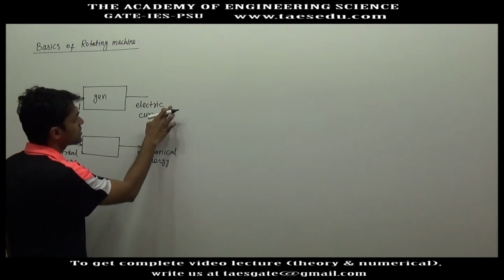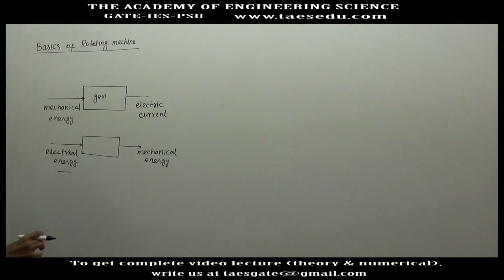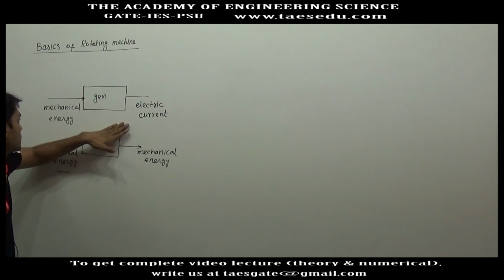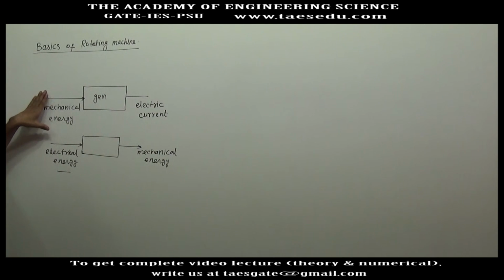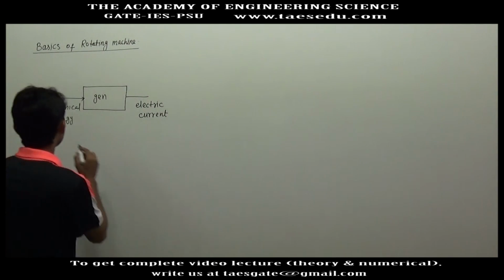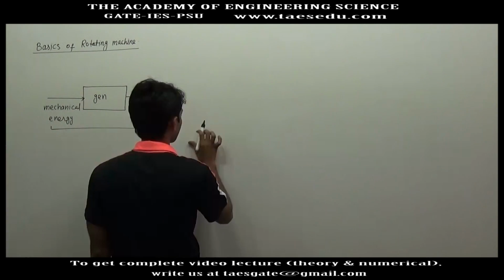So in the basic concept of rotating machine, in case of generator, we will see how electric current can be produced with mechanical input. To understand it, we will revise some basic concepts.